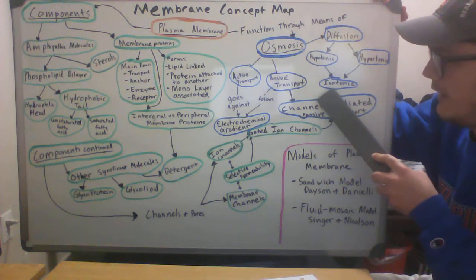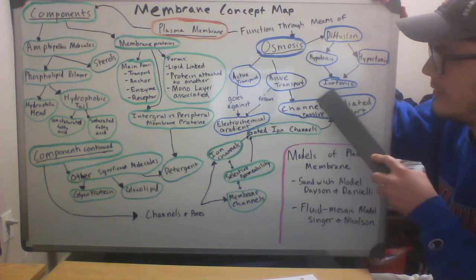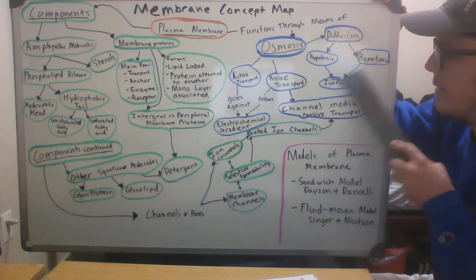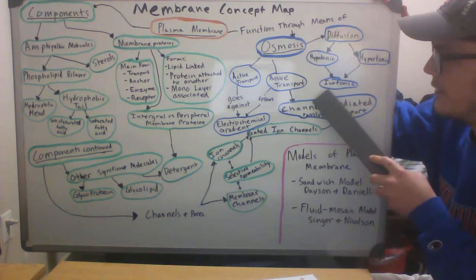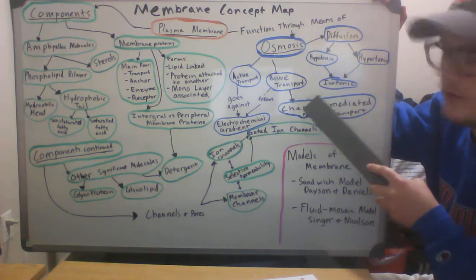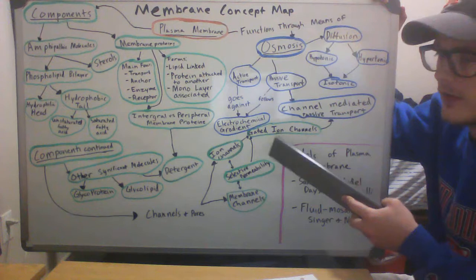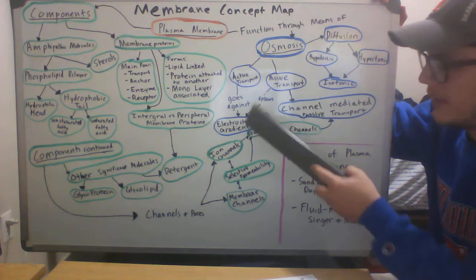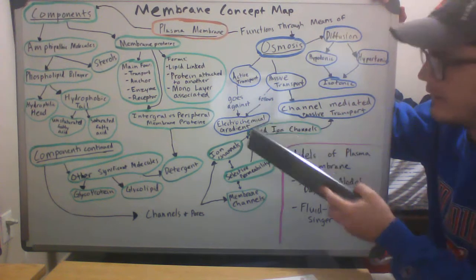And osmosis wants to drive either these hypertonic or hypotonic solutions to be isotonic, which is where the concentration on both sides of the semi-permeable layer is equal.